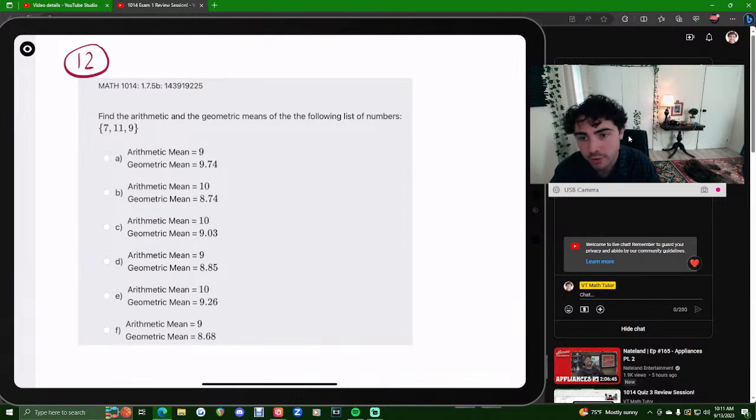We're finding the arithmetic and geometric means of the following list of numbers. So we have 7, 11, and 9. The arithmetic mean is really just the regular mean that you're used to, most likely. To find the average, the arithmetic mean, we add up all the values and divide by however many values there are.